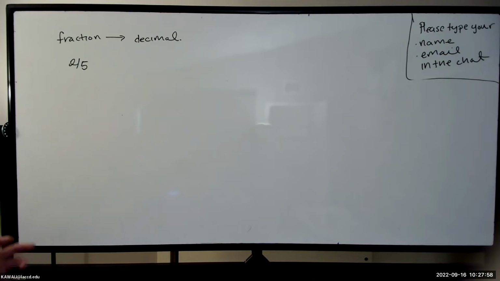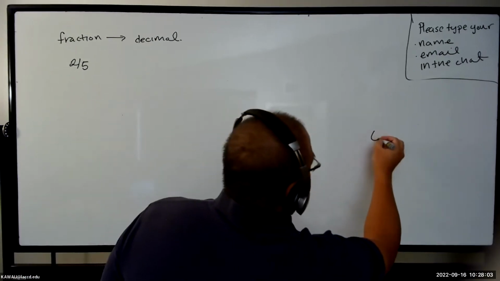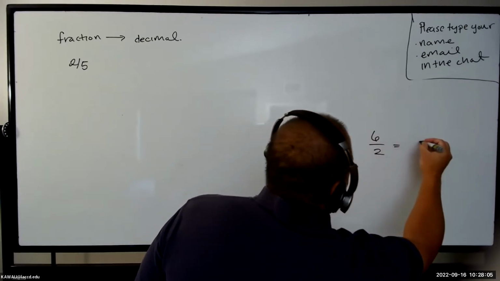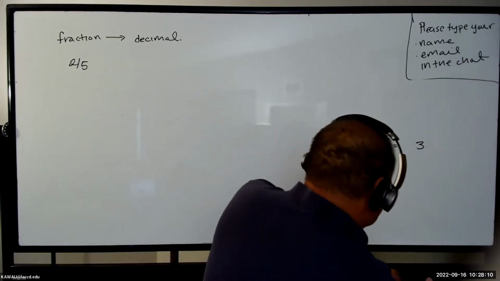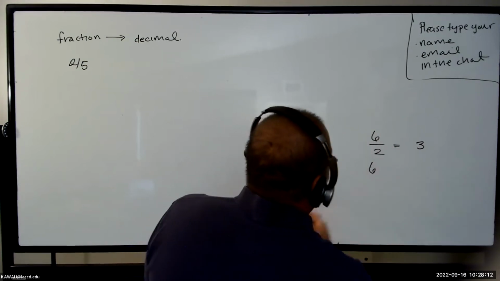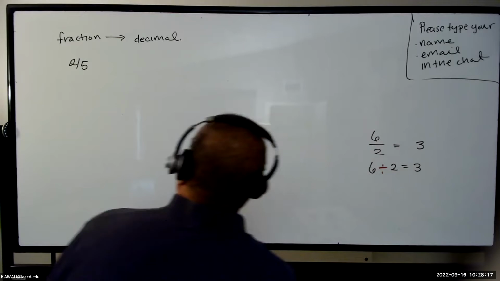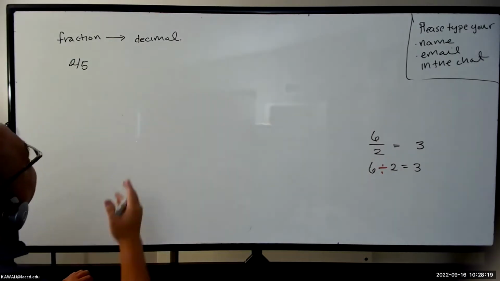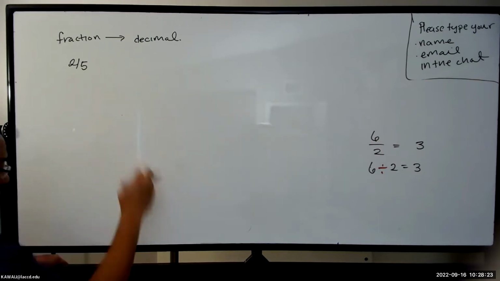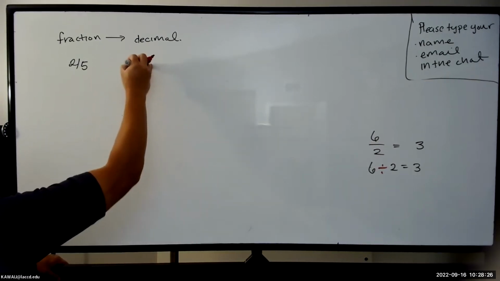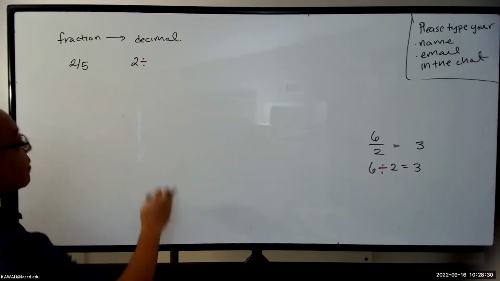Now remember that this means division. So if I ask you something like, what's 6 over 2? You would probably tell me, oh, that's 3. And that would tell you, well, how did you get 3? And you would tell me, oh, that's 6 divided by 2 is equal to 3. Okay. So in the same way, when I want to go from fraction to decimal, all I'm doing is 2 divided by 5.